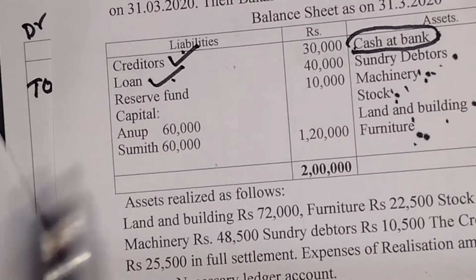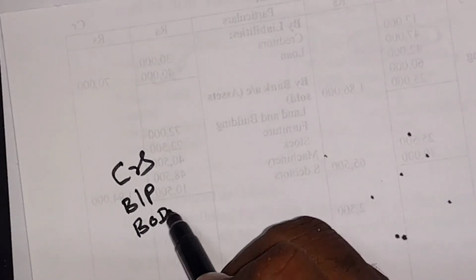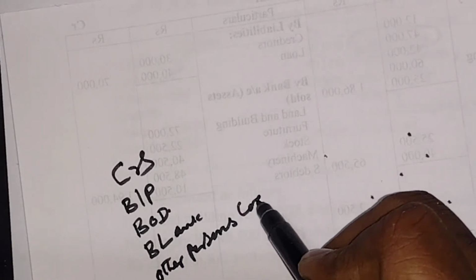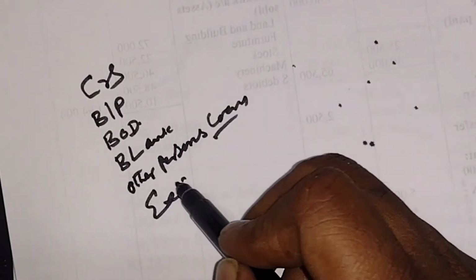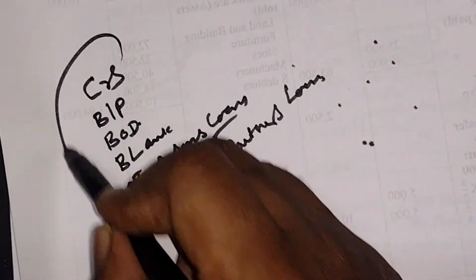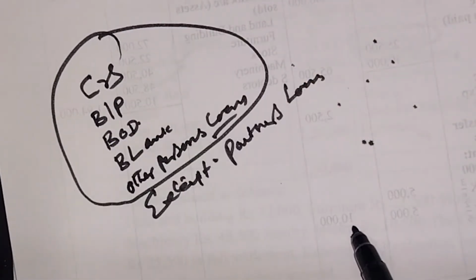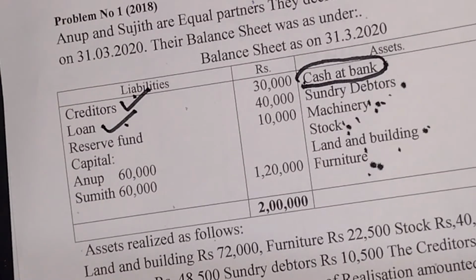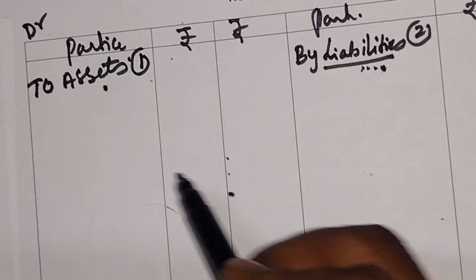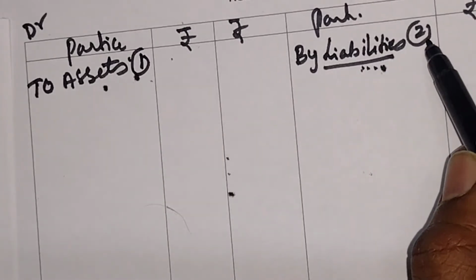If it is some other problem, examples of outsiders' liabilities are creditors, bills payable, bank overdraft, bank loan, and any other person's loan except partner's loan. All these outsiders' liabilities you should show on the credit side of the realization account. So the first step is over, the second step is over.